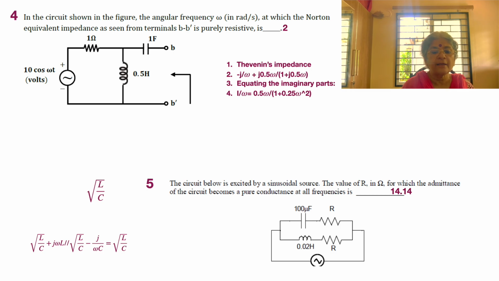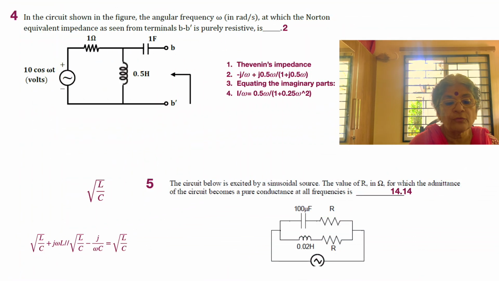Once that is done, it's very simple. We can solve for omega, and we can see that omega is a very nice value. It's equal to 2. I suppose we don't need to go for the arithmetic resolution. You can also try some values, and just by looking at things, perhaps you'll see that you can substitute 2 in the equation 1 by omega equal to 0.5 omega divided by 1 plus 0.25 omega square.